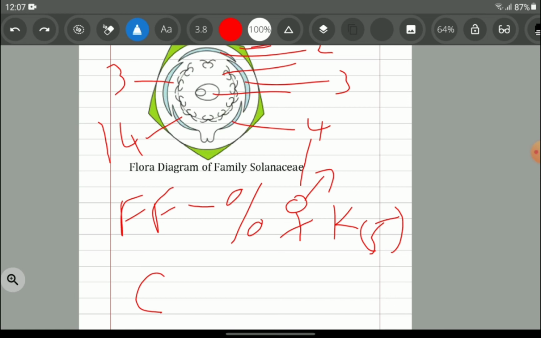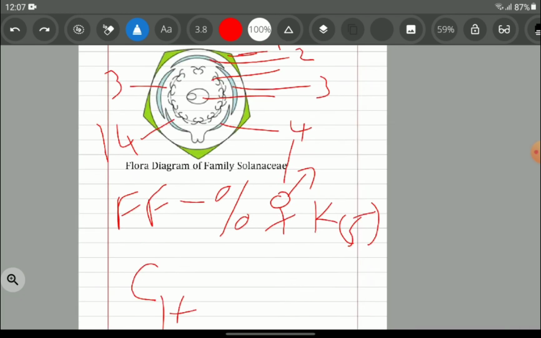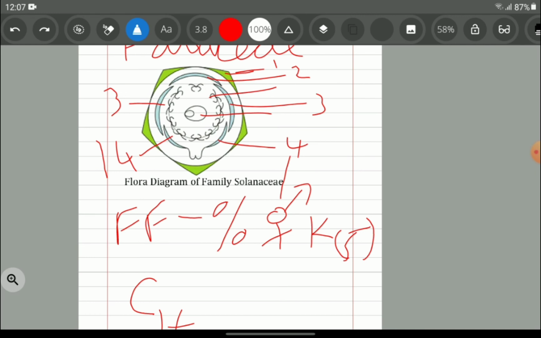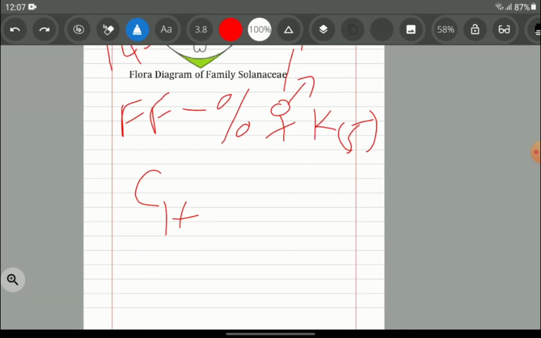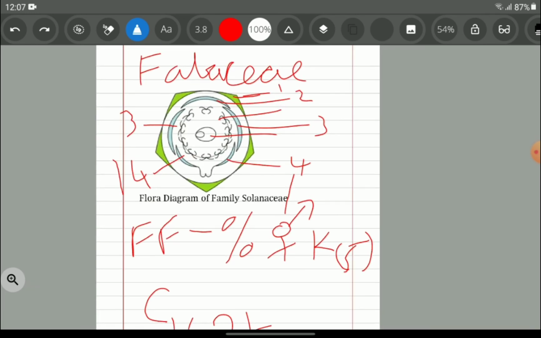So let us take it as 1 plus, in the next circle we have 2 petals. The leftmost and the rightmost are in the same circle, so let us take it as plus 2, and they are not fused. Then coming to the 4th petal or the 3rd petal, which is in the 4th circle of the floral diagram, they are fused over here.